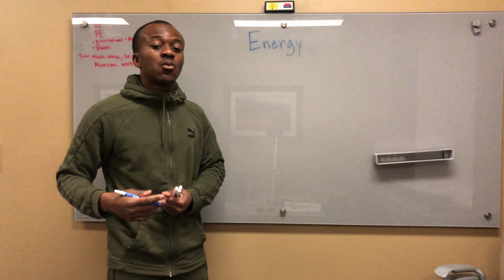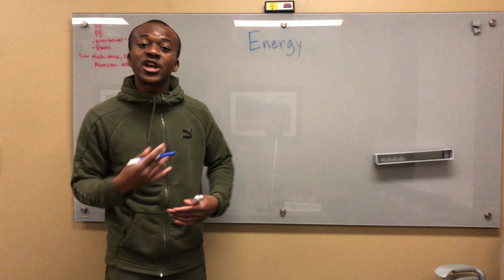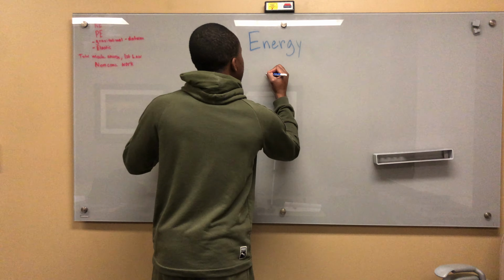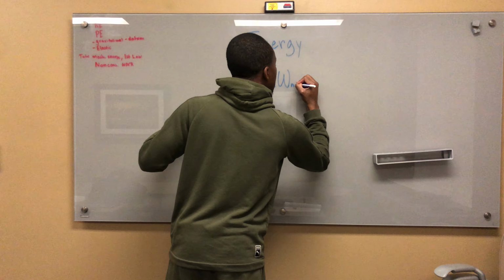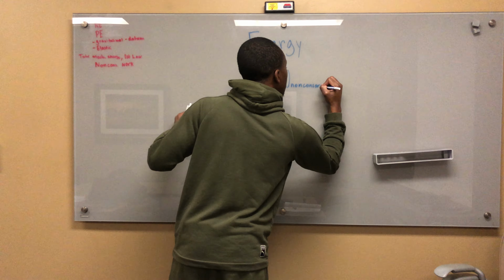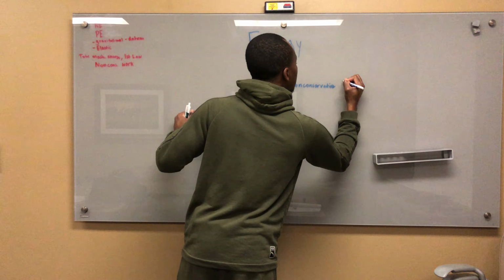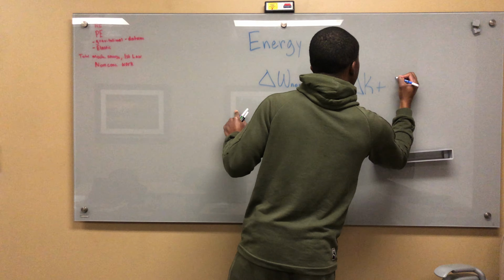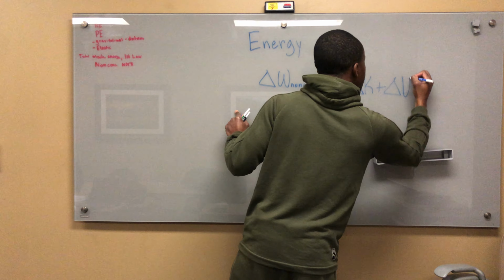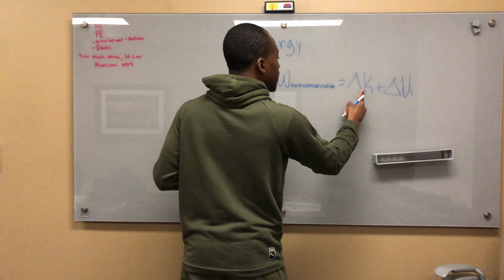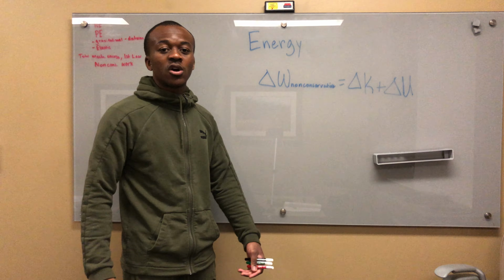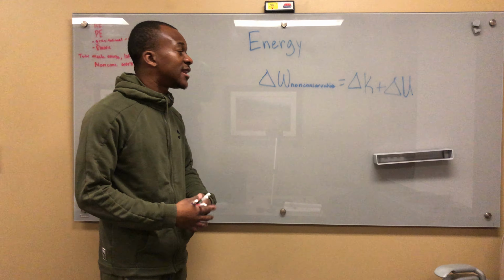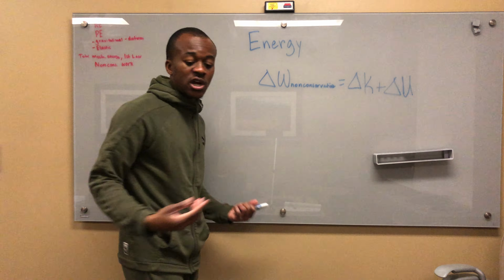But if it's non-conservative, if things like friction are taken into account, then I can go ahead and say that the change in non-conservative work is equal to my change in kinetic energy plus my change in potential energy, right? So if my change in non-conservative work is zero, it's probably a perfect world. But if it's not, then this is how you can calculate the change in non-conservative work.